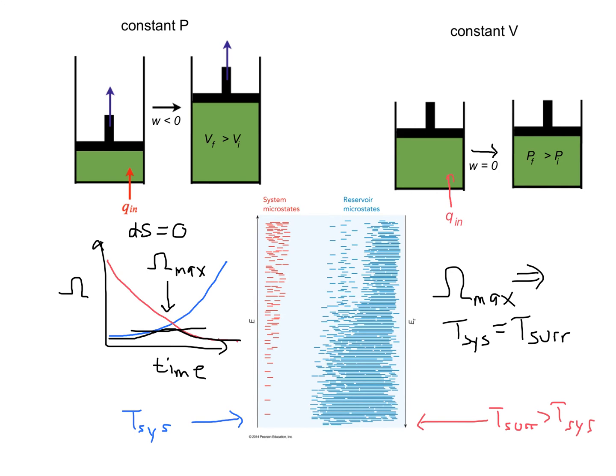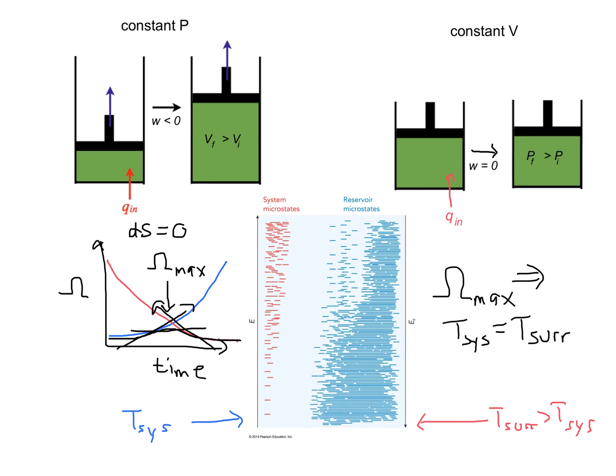Furthermore, because the second law tells us that the spontaneous direction is the direction in which the entropy increases, or dS is greater than 0, the slope of the microstates with time must be greater than 0 for the spontaneous direction. And therefore, the process will occur in the direction where the slope of the number of microstates with time is positive.